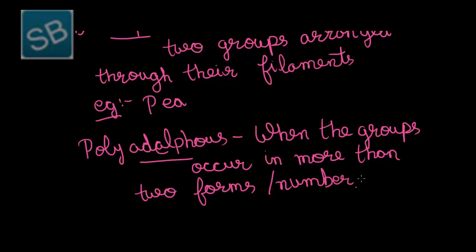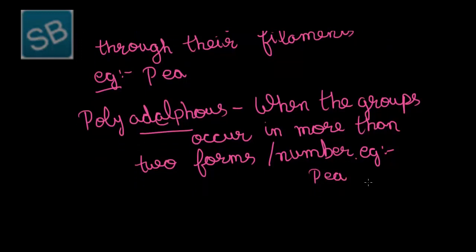Example of polyadelphous can also be pea, because sometimes this pea plant is arranged in more than two bundle form. Other example can be citrus.